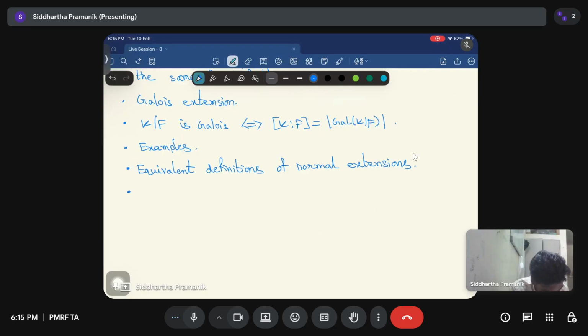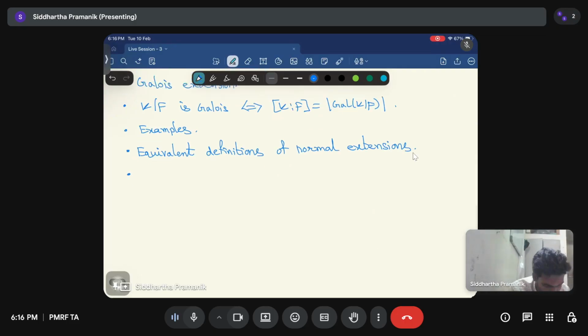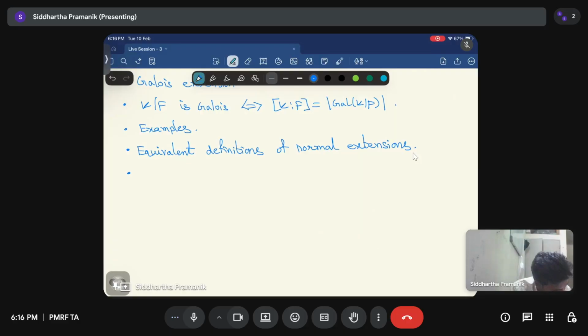And we have remarked that Galois extensions are always normal, but the converse need not be true. So we will see the proof later. And after this also we have seen certain examples of extensions which are normal, which are Galois, which are normal but not Galois, those kind of things.